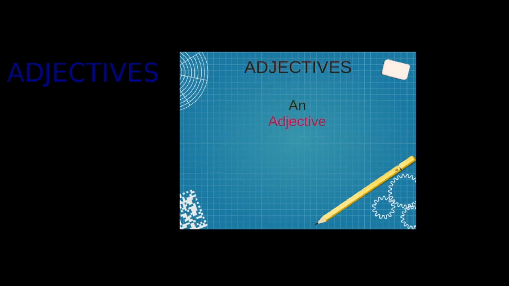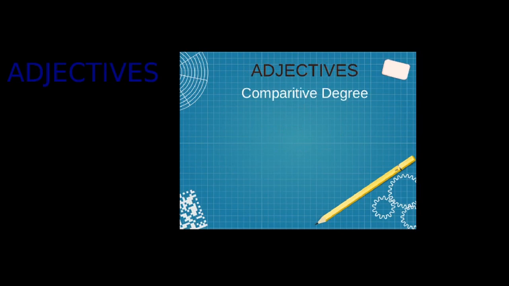An adjective ending with e. Suppose the adjective is ending with e. It is made into its comparative degree by adding r to the positive. So if the adjective is ending with e, it adds only r to the positive.